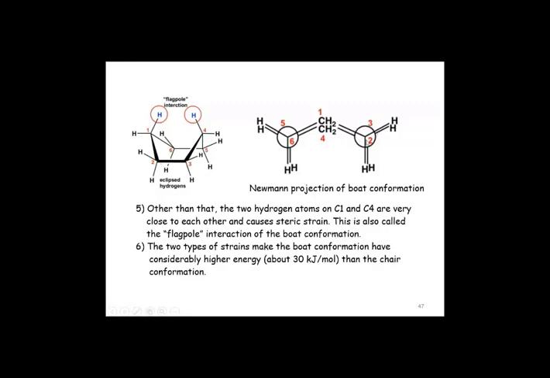So 3 is represented using a circle, 2 is represented using an intersection of lines. Position of all the hydrogen atoms are shown in their eclipsed orientation in this way.